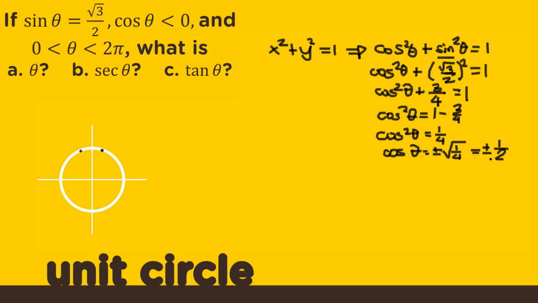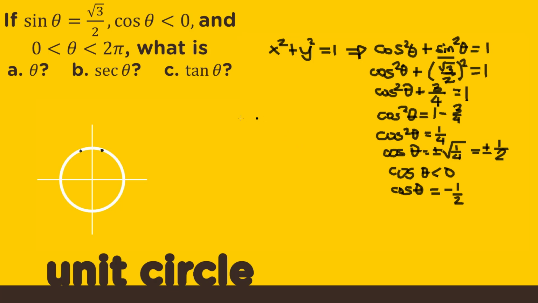So there are 2 possible values for cosine theta, which is positive and negative 1/2. However, we are restricted that our cosine theta must be less than 0. In short, the final answer for our cosine theta is just equal to the negative of 1/2.